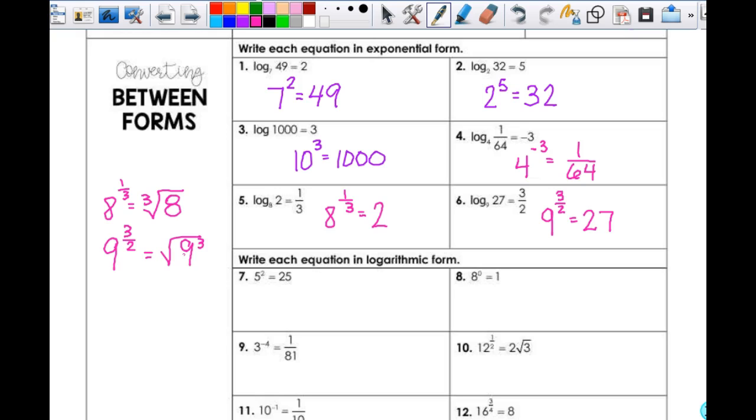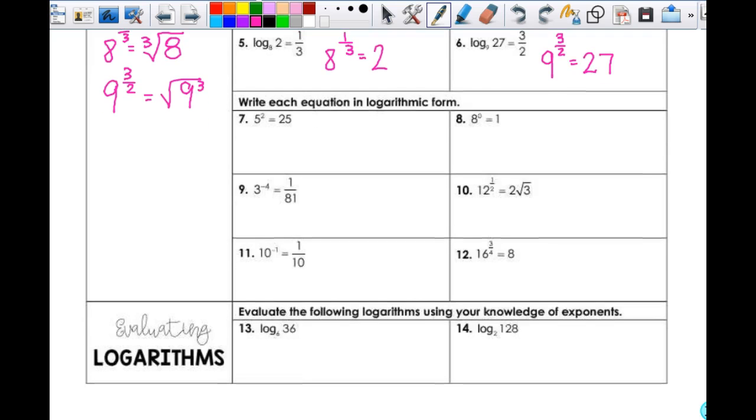All right, so that's taking logs and rewriting them in exponential form. So now we're going to take the exponentials and rewrite them in log form. So here, the base of the exponential is 5. So this becomes log base 5 of what? 25 equals 2. So log base 5 of 25 equals 2.